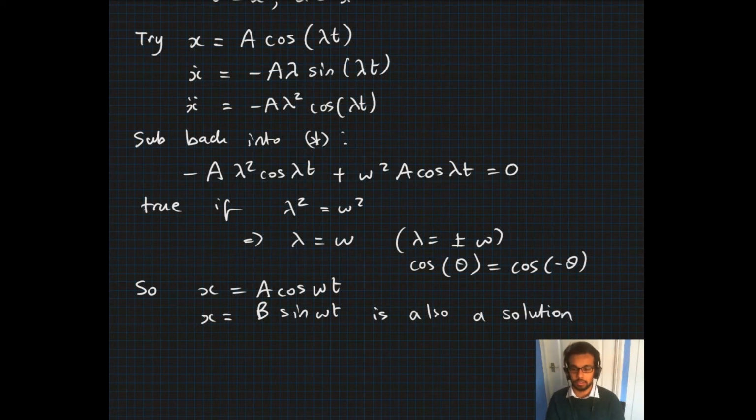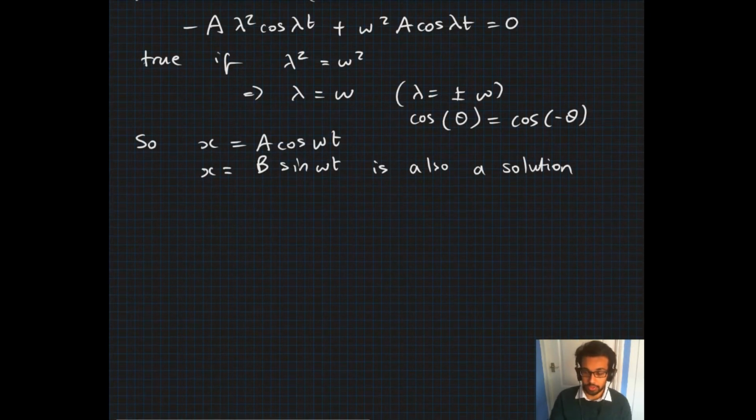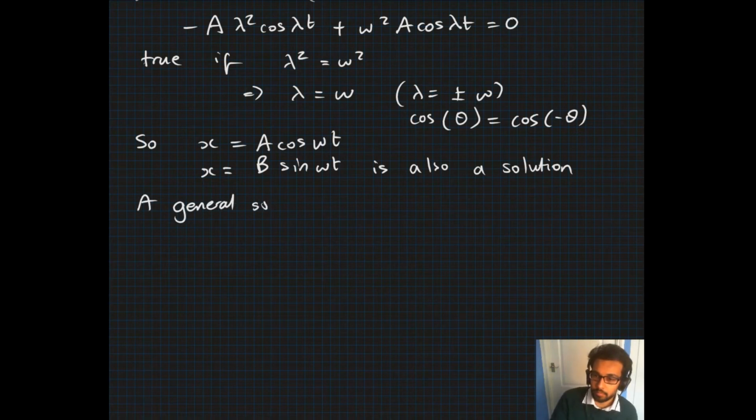Okay, and because equation star is a linear second order differential equation, we know that the sum of two solutions is also a solution. So then for a general solution, we can write a general solution is x equals a cos omega t plus b sine omega t.